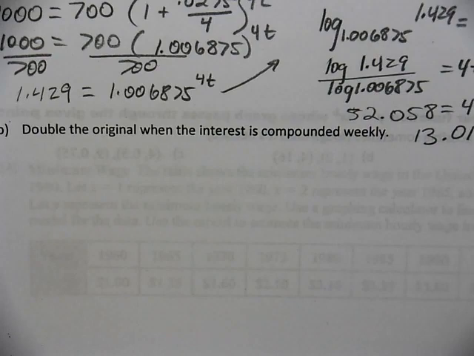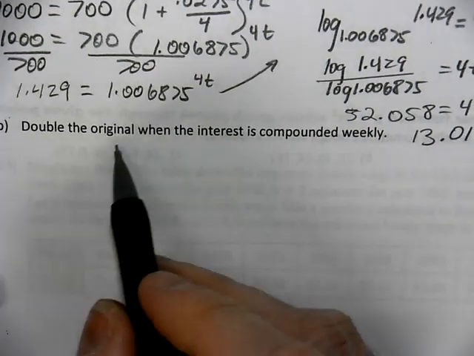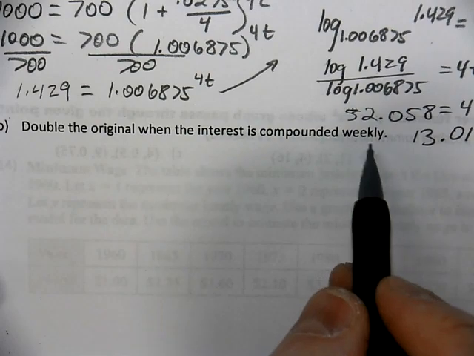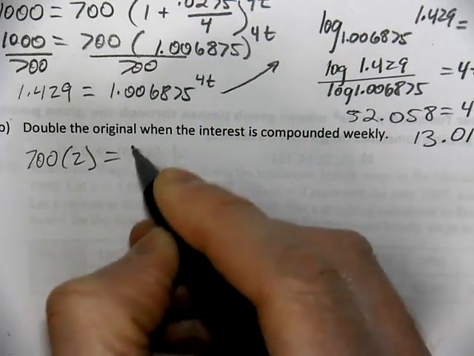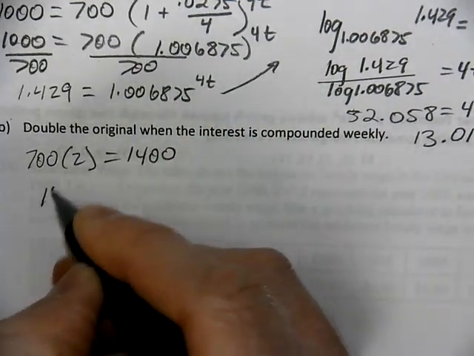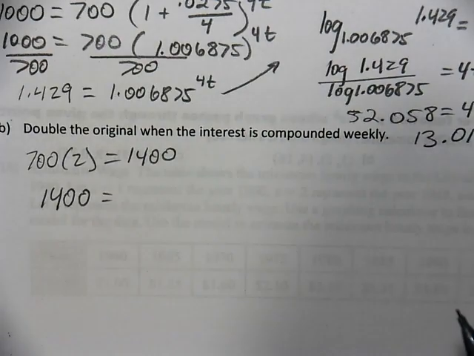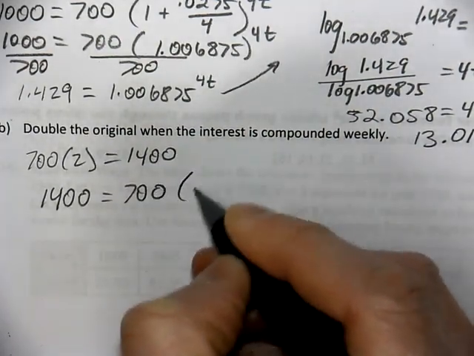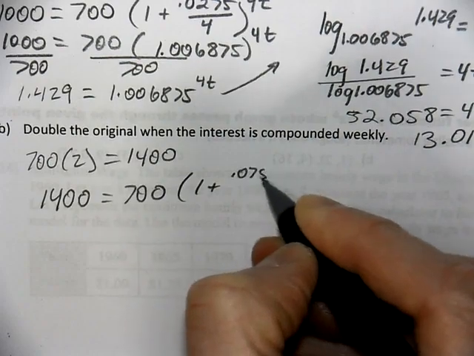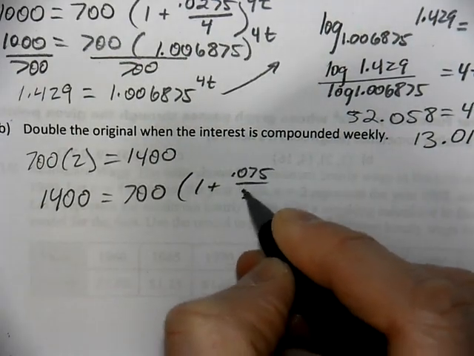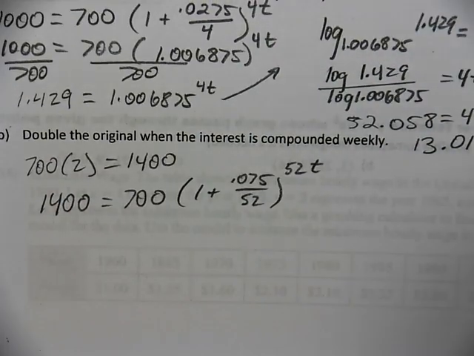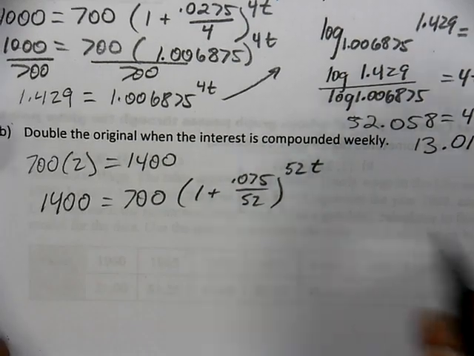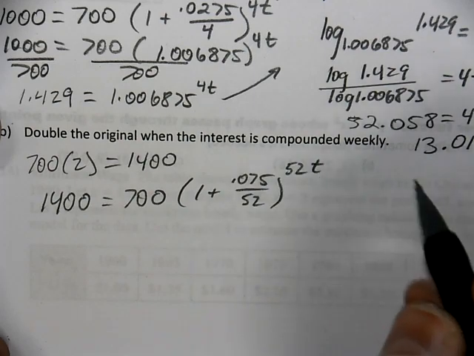How long is it going to take to double the original when the interest is compounded weekly? Well, the original was 700. Doubling it means multiplying it by 2. So when are we going to get to 1,400? We're going to start out with 700. Compounding it weekly, there are 52 weeks in a year. How long does it take, they asked. That's when we solve for the t.